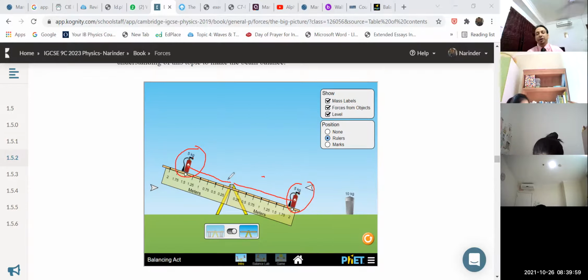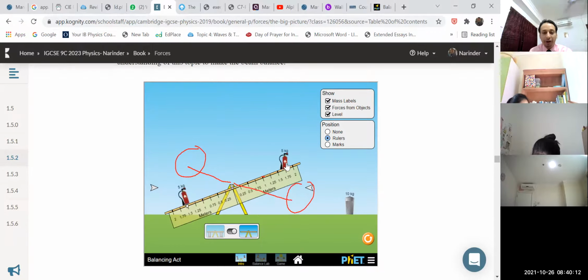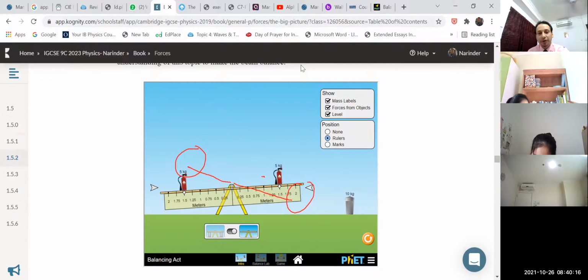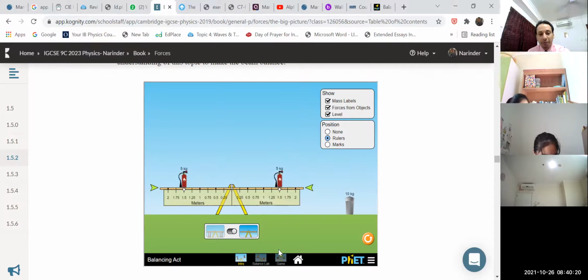I told you, children, that the turning effect depends upon two factors, force and distance. So if I want to balance this, I can place the object again at the 1.5 position. You can see slowly this beam gets balanced again.